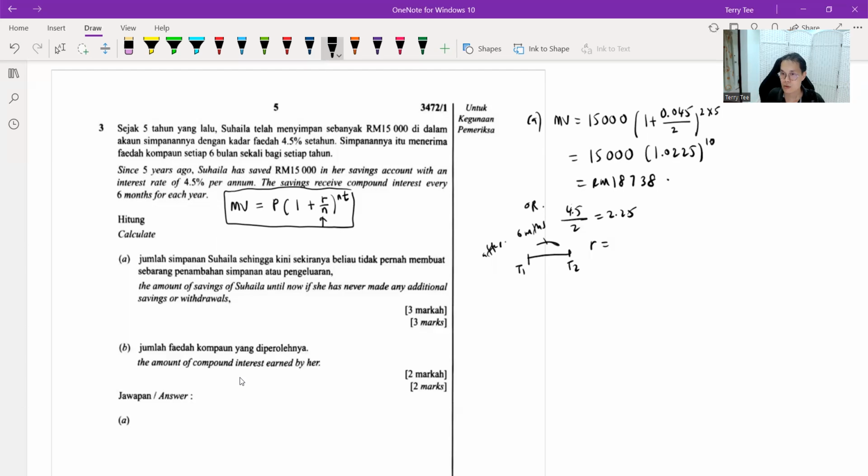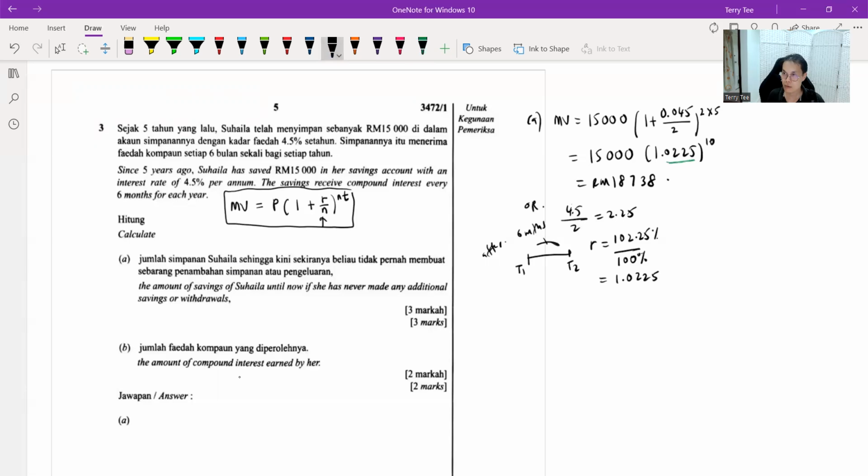And your common ratio is T2 divided by T1. So your T1 is 100%. T2, you get extra 2.25%. So it's 102.25, right? So when you take this 102.25, you divide by 100, you actually get 1.0225. Okay, so that's where you got this number over here, right?